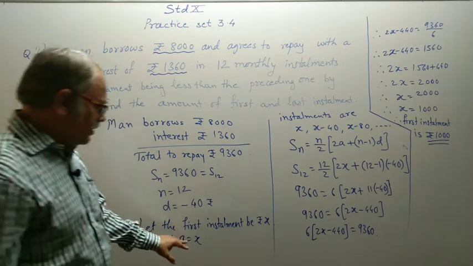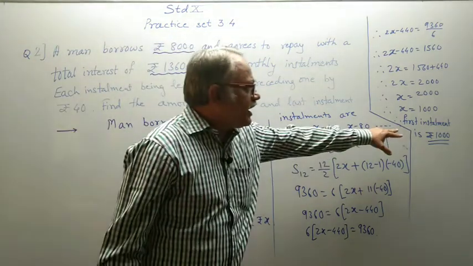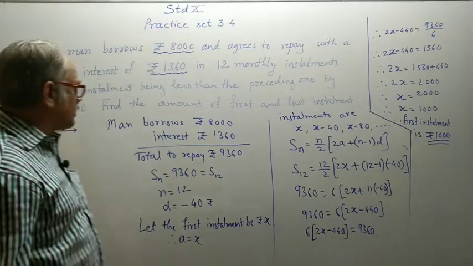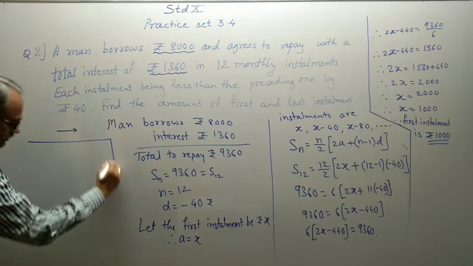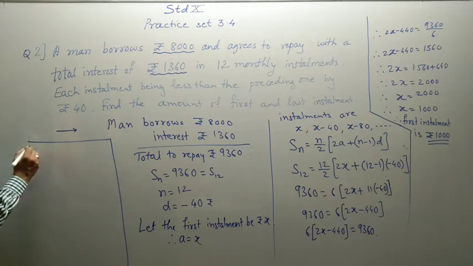As we have obtained first term, means first installment A, now we have to find 12th term. That part I am doing here. Pay attention. T12 equal to, first we will write Tn formula, because formula always have marks in board exam.